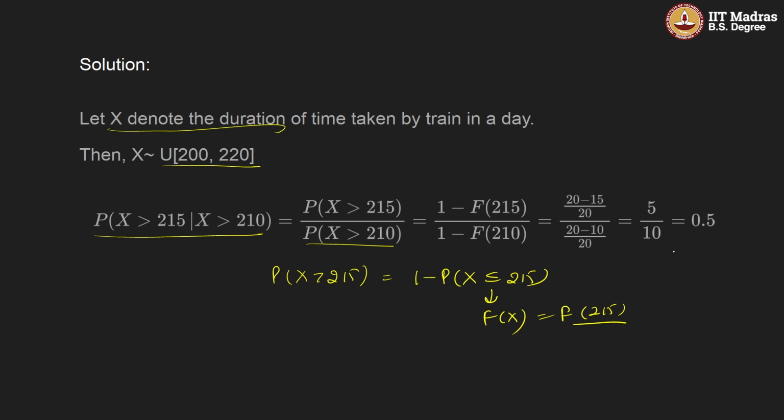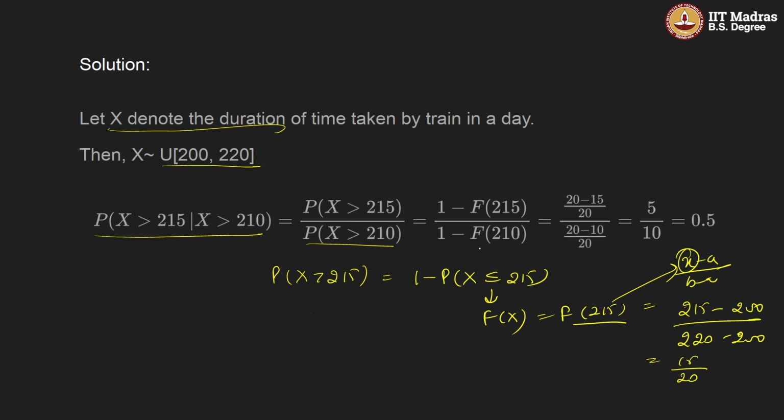Now for a uniform distribution the CDF is given as (x minus a) upon (b minus a), so instead of x we will write 215, so this will be equal to 215 minus the value of a, which is 200, divided by 220 minus 200, so this will be equal to 15 by 20.